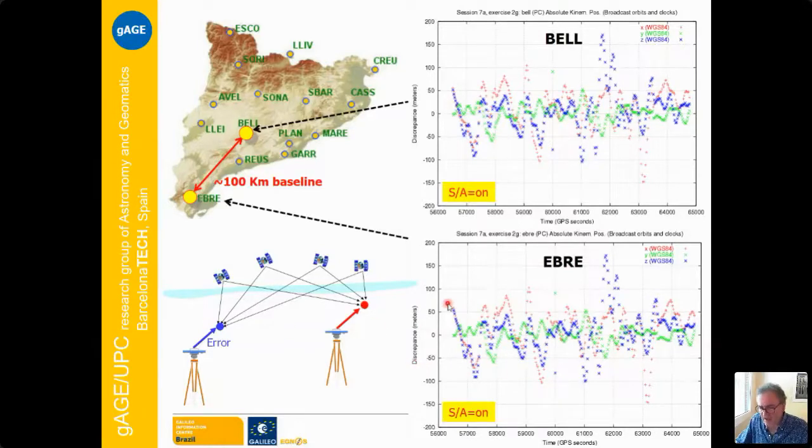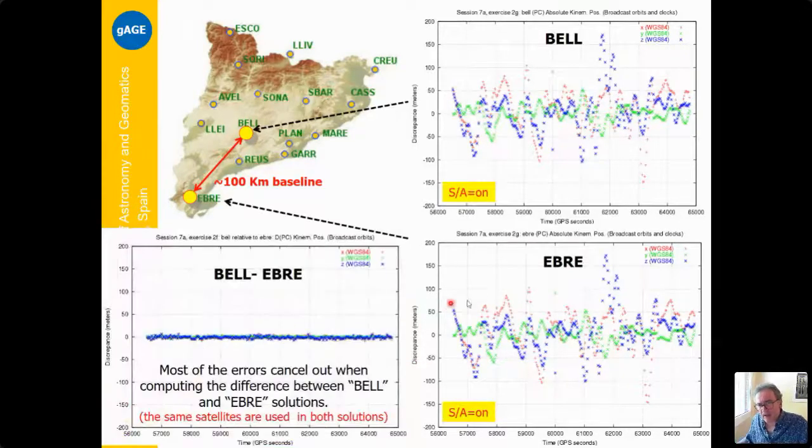Then, if we compute the difference between this plot and this plot, between both solutions, we remove most of the errors. And this is the idea of differential positioning. This is a conceptual idea. Then we have to refine. Errors are the same and cancel in differential mode.